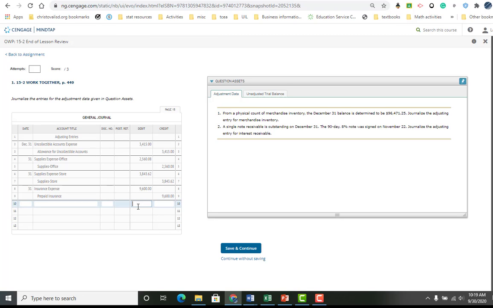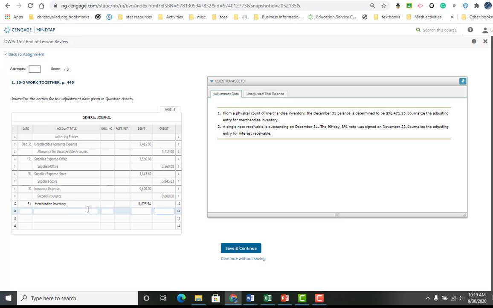The difference was $1,625.94. That is going to be added to your merchandise inventory, and this was done again on the 31st as we're doing it at the end of the year.